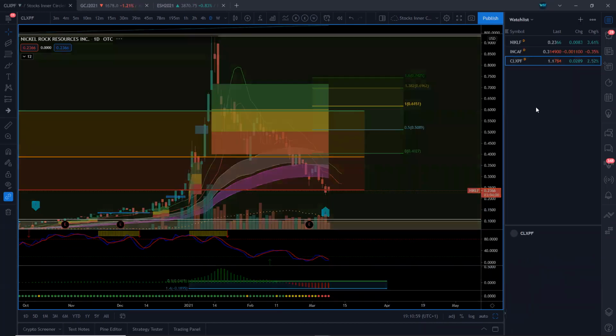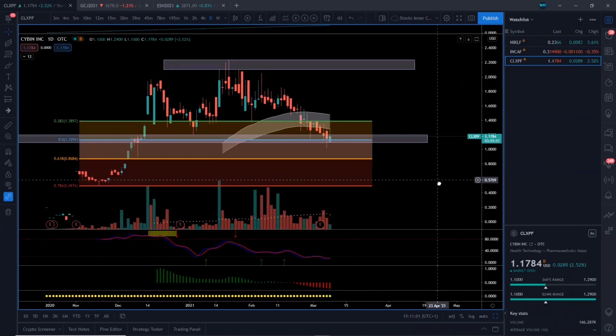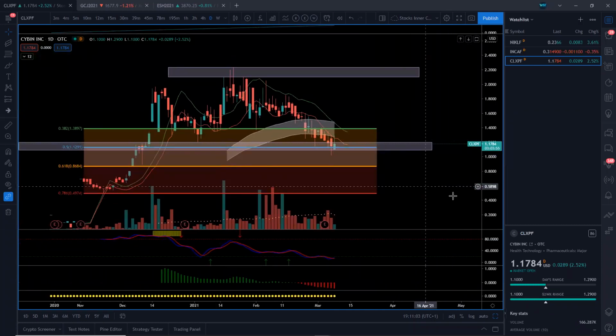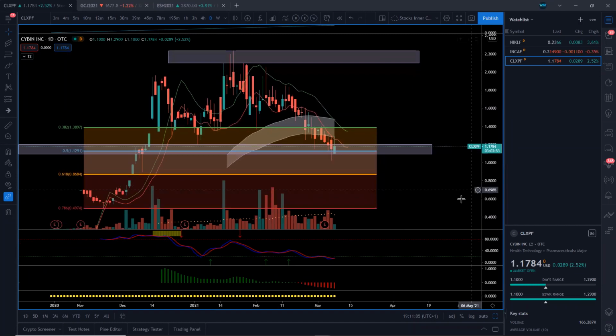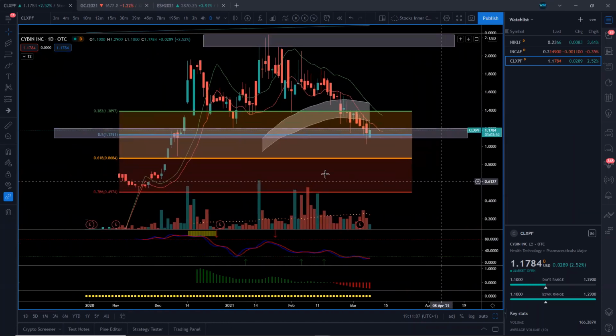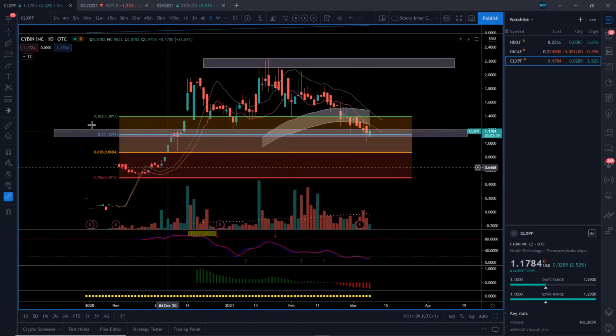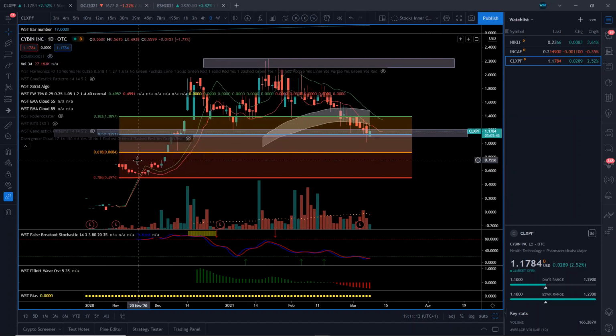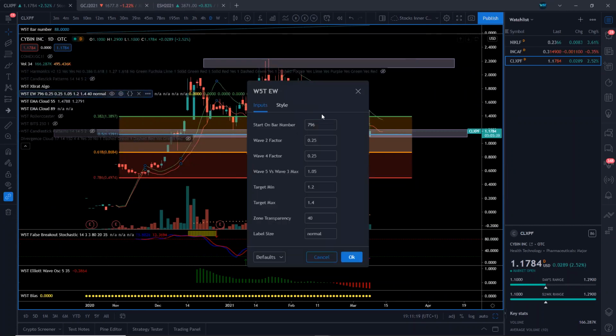The new one, the OTC stock that I looked at today, I'm looking at this on the daily. This has had a great move up. Again, the behavior has been very, very good. If I just put that on there, that is bar number 7.